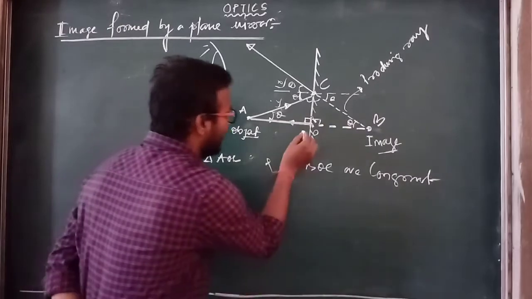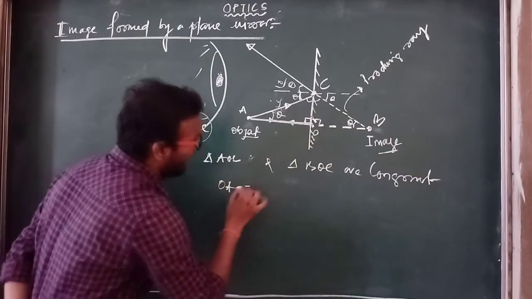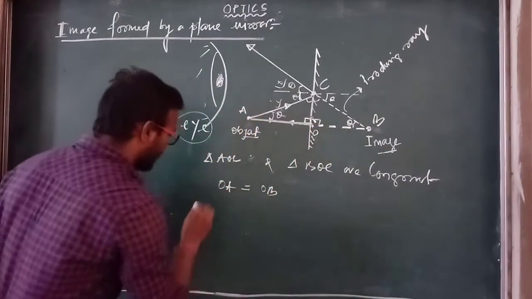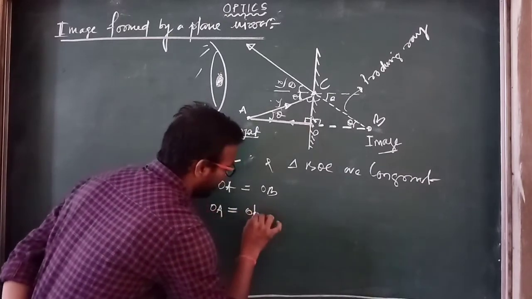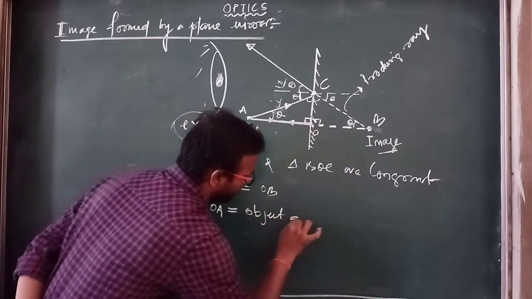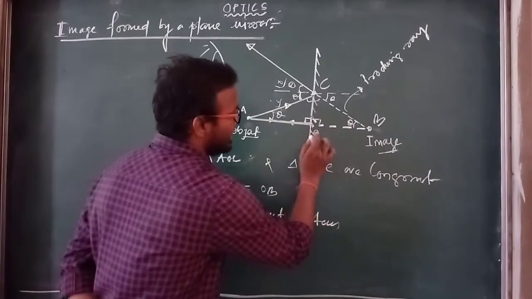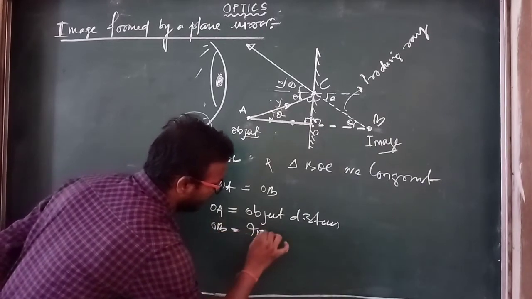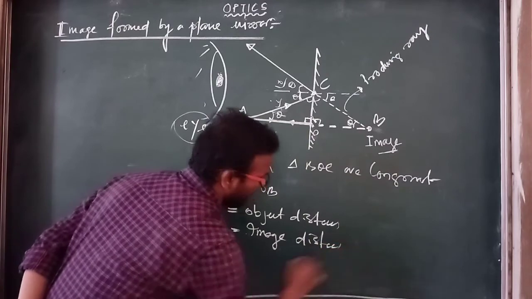So you can write the distance from O to A, the distance OA, which is equal to the distance OB. Here the distance OA is known as the object distance, and the distance OB is known as the image distance.